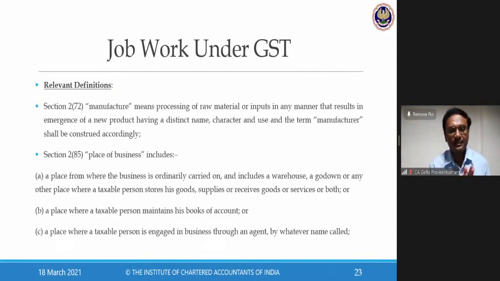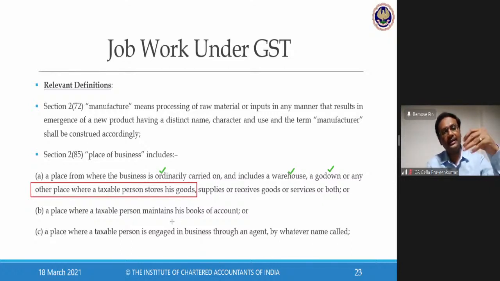Now, this term place of business says a place of business includes a place from where business is ordinarily carried on, and includes a warehouse, and includes a godown or any other place. Now, I'll come to this term called any other place where a taxable person stores his goods.